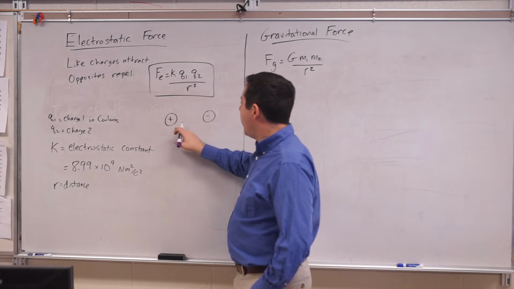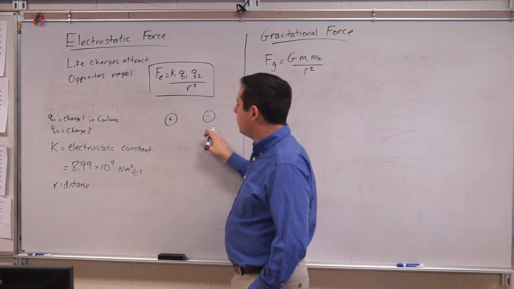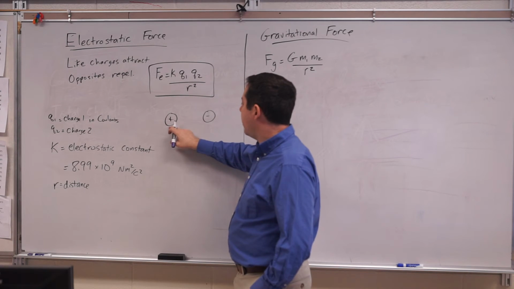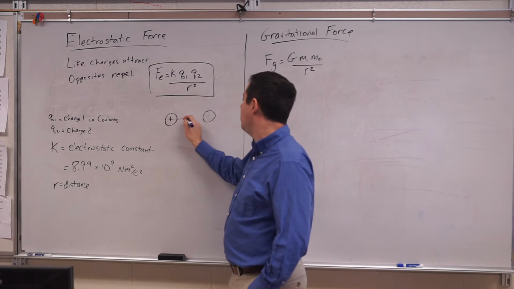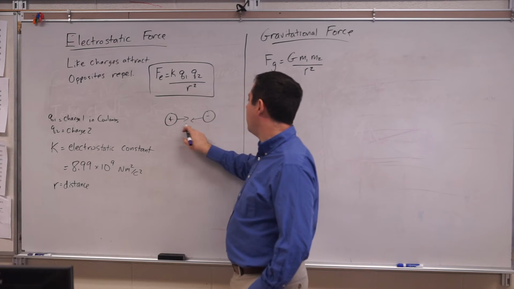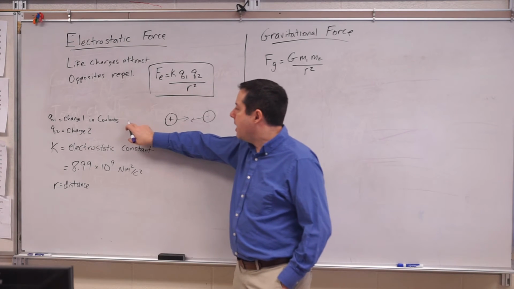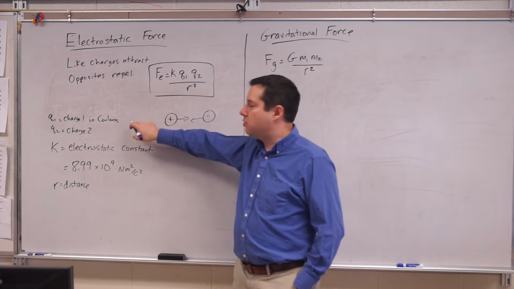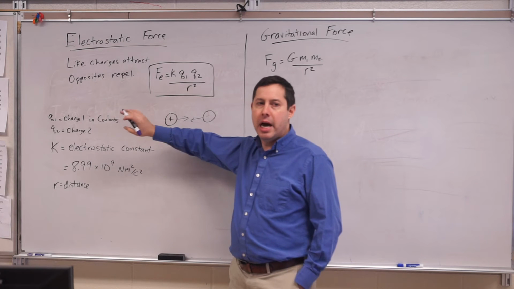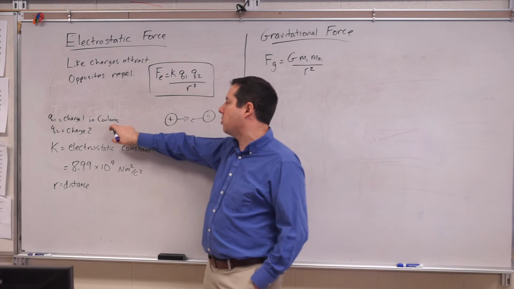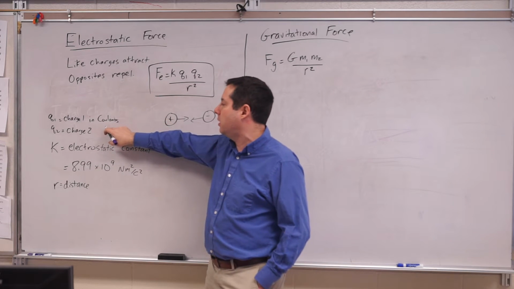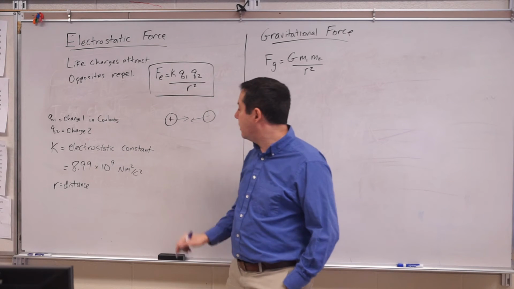If they were opposites, the electrostatic force would cause one to be attracted to the other. They would both have a force towards each other, and it would depend not on their mass, but on their charge. We measure charge in coulombs, not elementary units, so make sure you convert to coulombs if necessary. Both objects are affected.